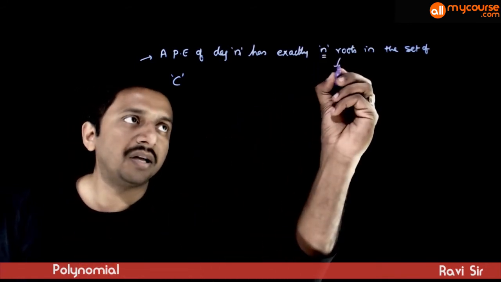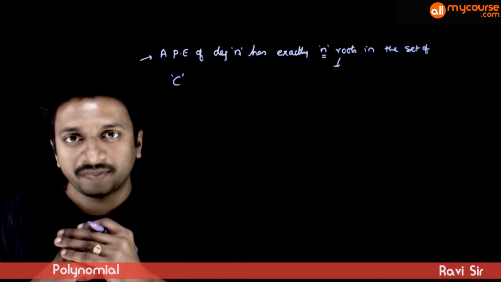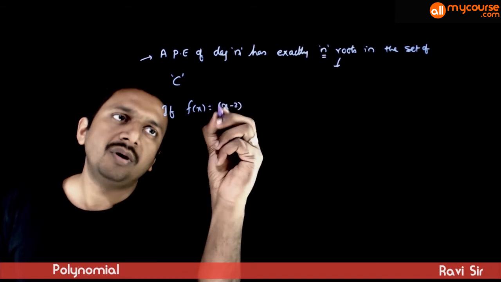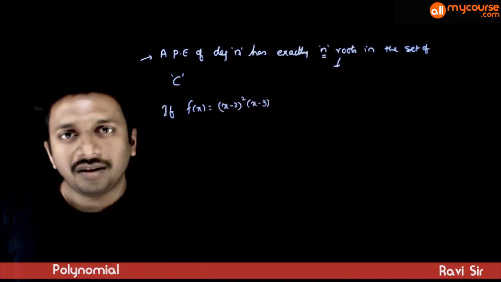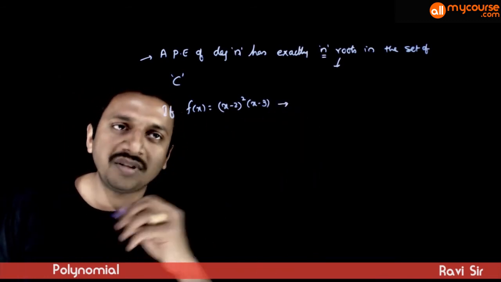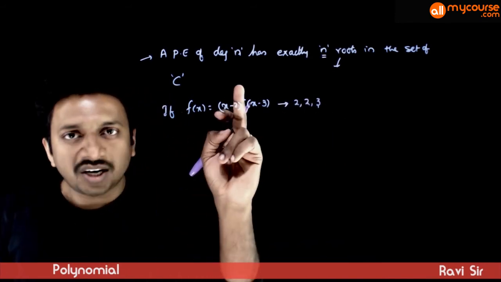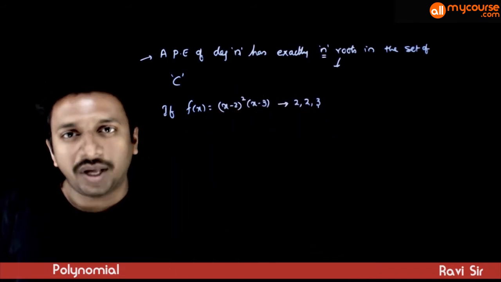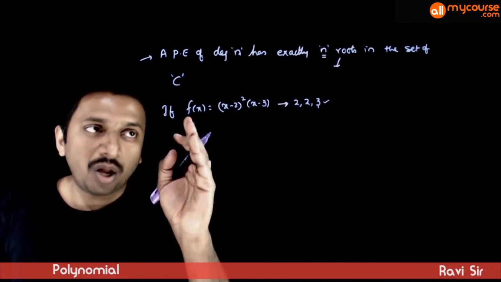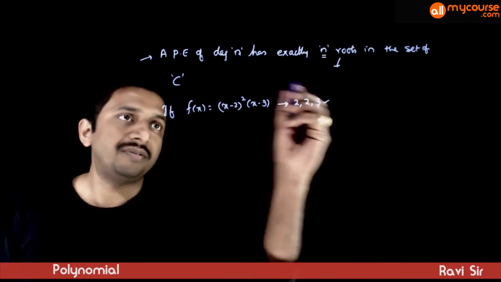So when I talk about roots, a root of multiplicity 2 has to be taken as two different roots. That is, if f of x is equal to x minus 2 whole square into x minus 3, clearly we can see that this is a cubic equation. So what are the roots of this equation? The roots of this equation are 2, 2 and 3. Because 2 is a repeated root, you have to take it 2 times. So 2, 2 and 3, you have a total of 3 roots. So every polynomial of degree n has exactly n roots and no more.